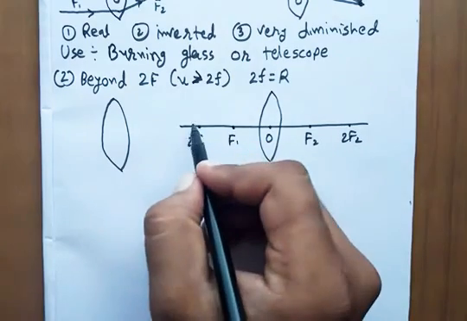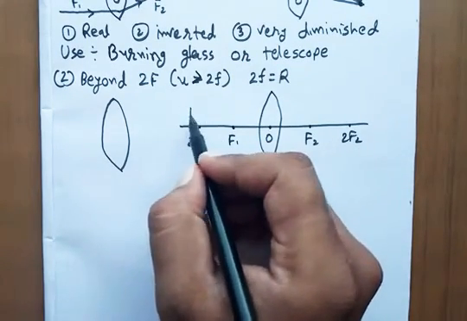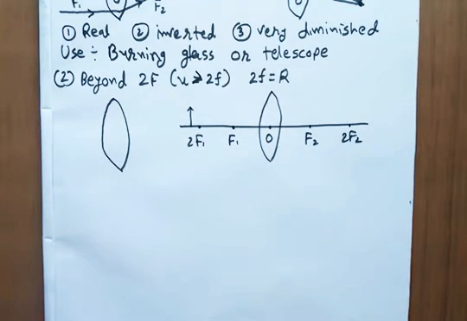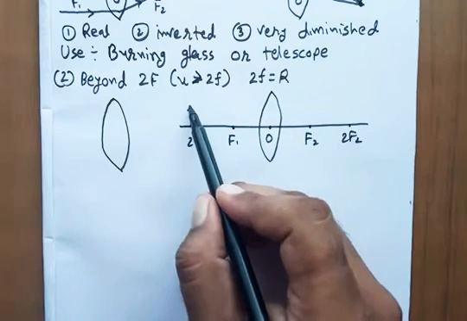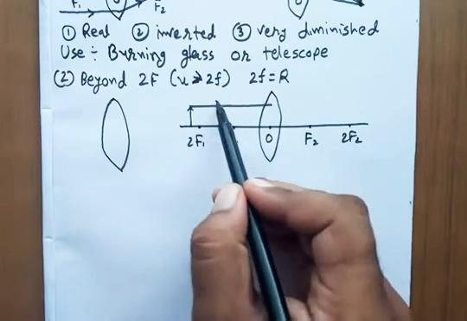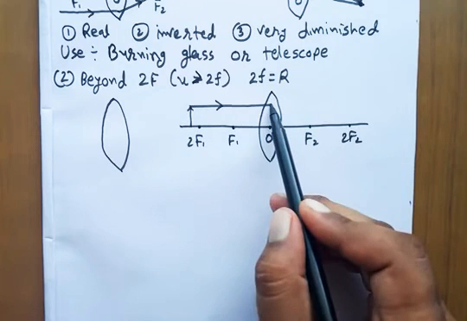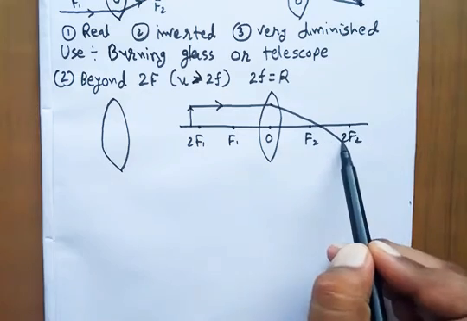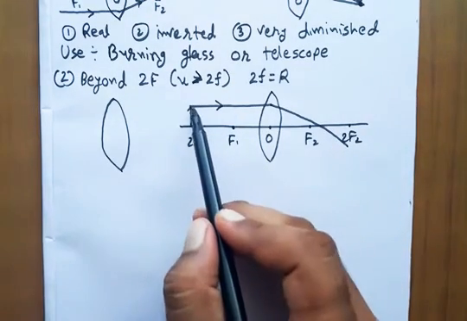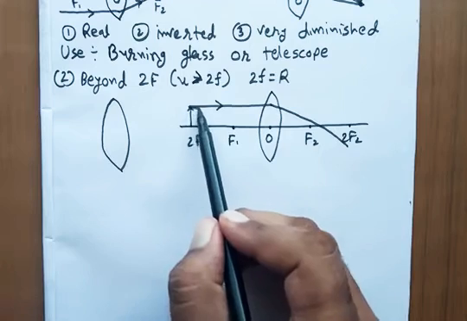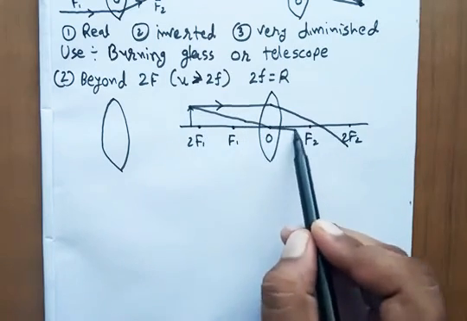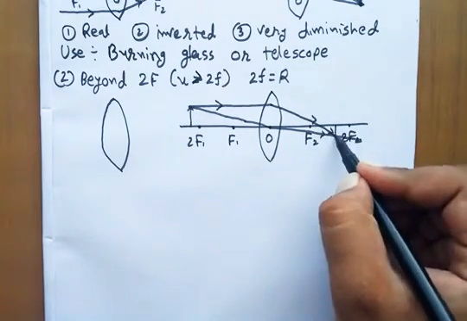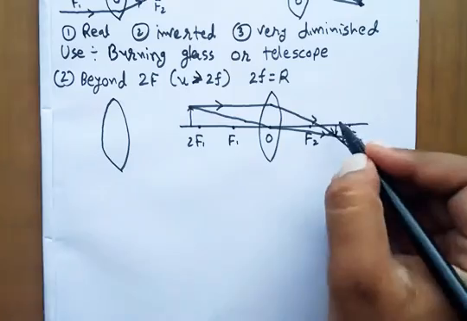My object is here, beyond the distance 2f1, like this. Light rays move through the lens and pass between f2 and 2f2, and the light ray through O meets them between f2 and 2f2. So this is my image, which I write as B dash A dash.